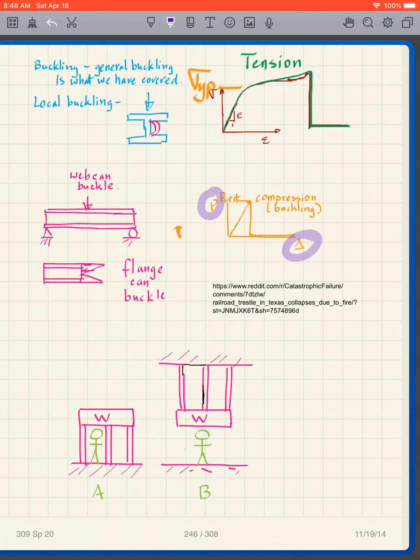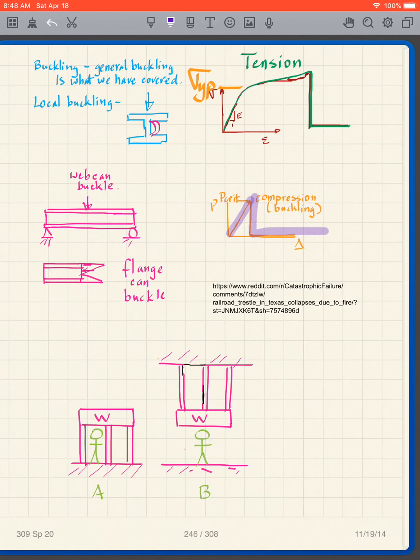In other words, the load versus the deformation, and what we find looks something like this. We get a linear behavior, and then what happens? The buckling takes place. It can resist no more load, and we get a lot more deformation.